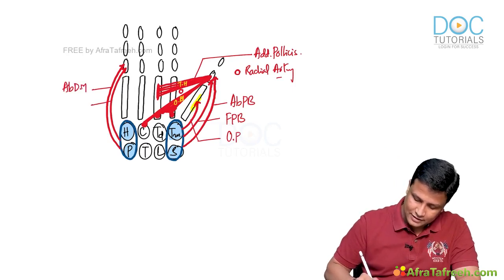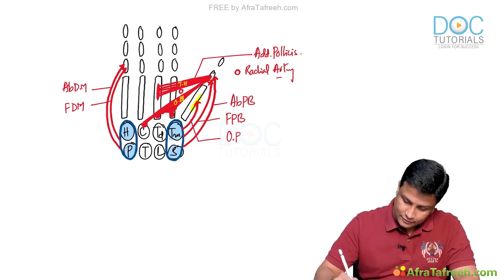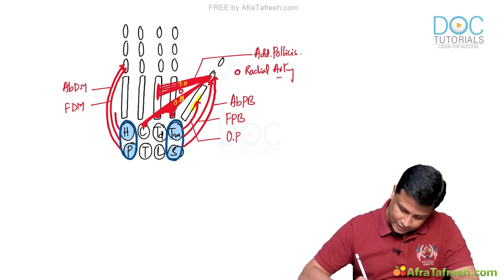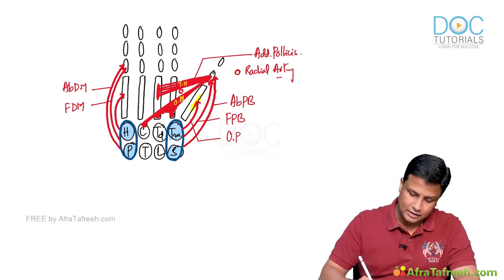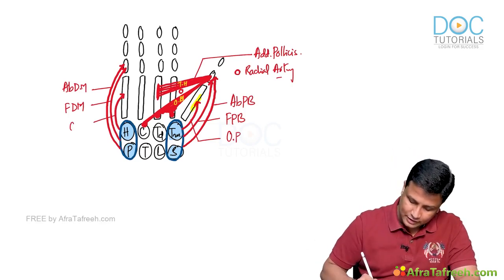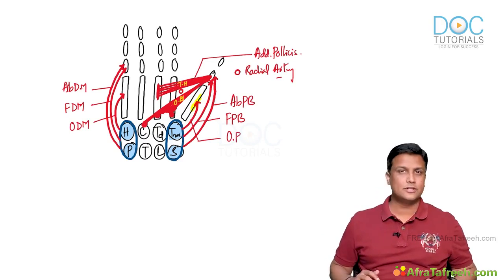The one which is just inside that will be the flexor digiti minimi. And then there is one more muscle, but that muscle is going and getting inserted onto this metacarpal, and this one will be the opponens, that is opponens digiti minimi. So abductor digiti minimi, flexor digiti minimi, and opponens digiti minimi.